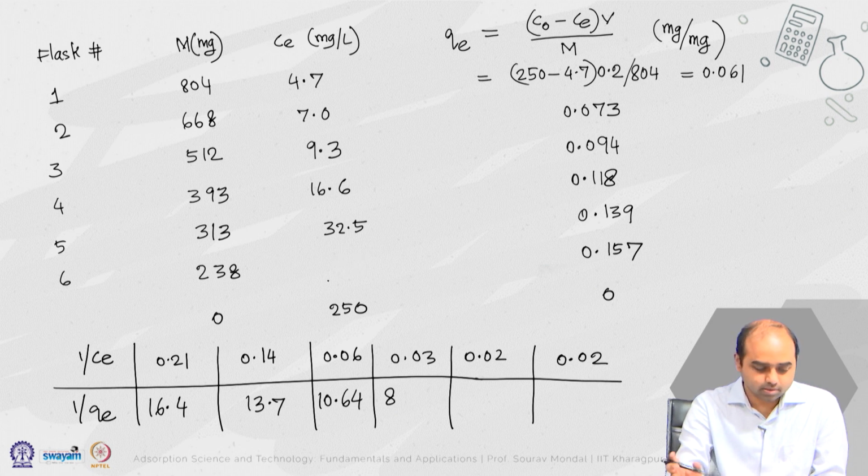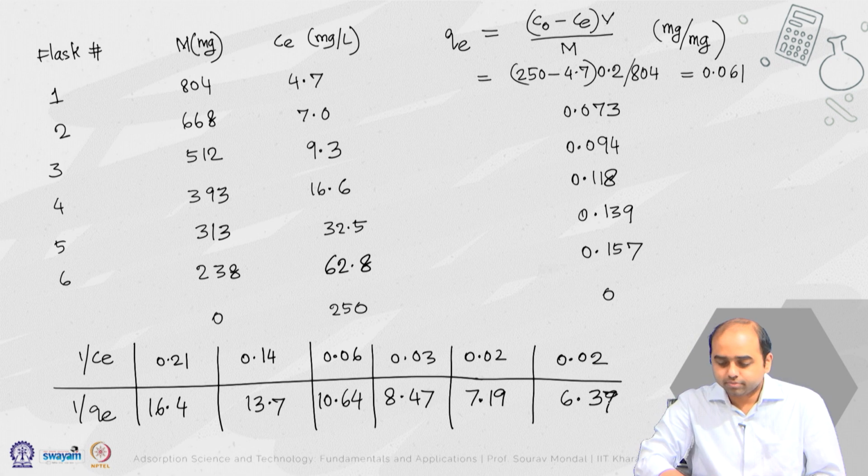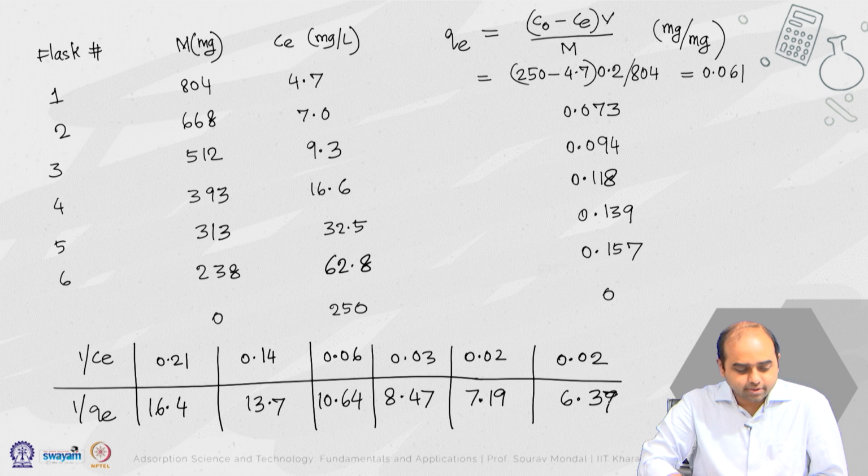So, this number is 62.8. If you work out the different calculations, this is roughly what the values look like.